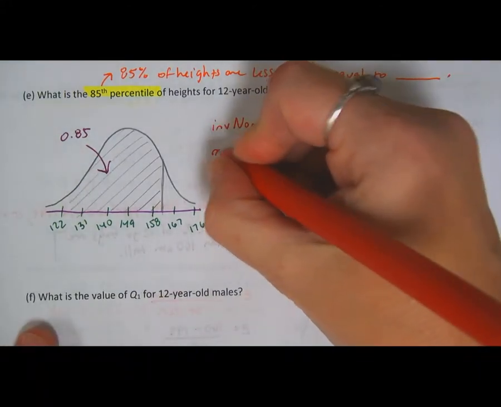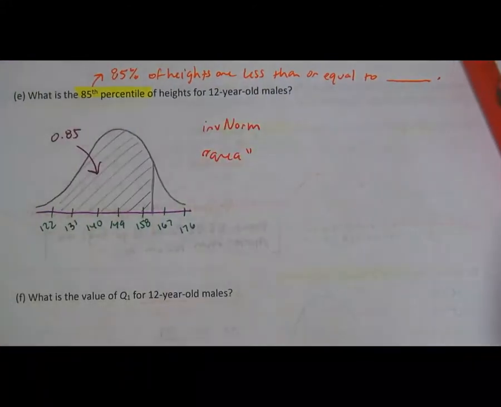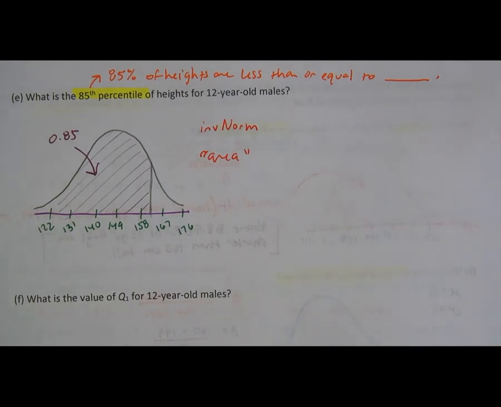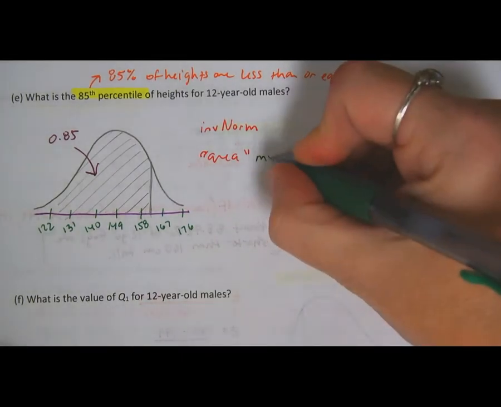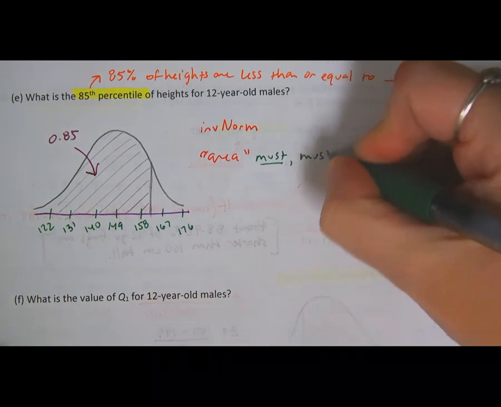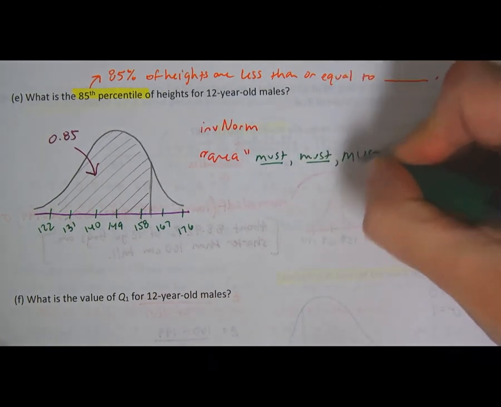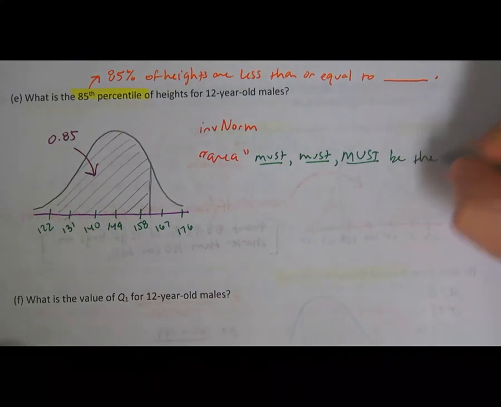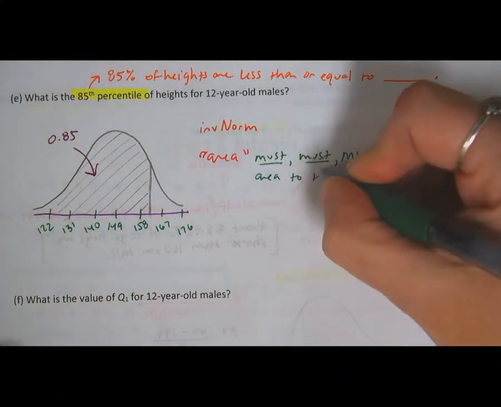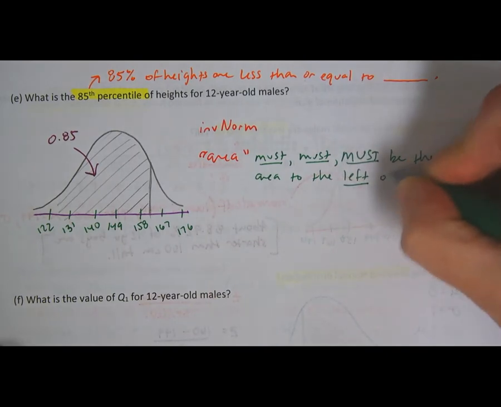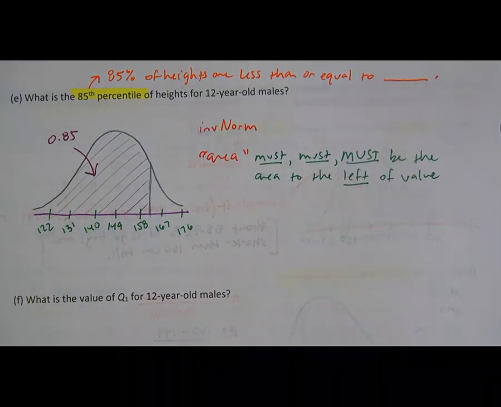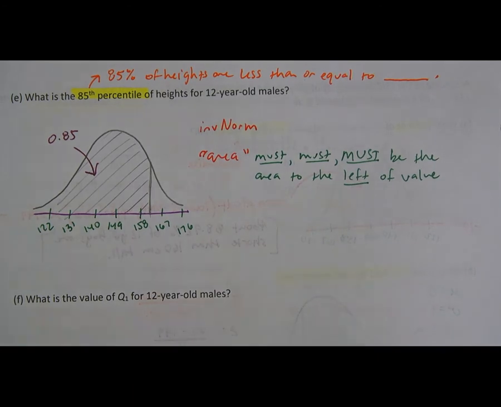Well, explicitly on the TI-84s that we use in class, area must be the area to the left of the value of interest. The newer calculators have an updated feature that might let you do the area to the right, but you have to enter in the area to the left on these yellow TI-84s or any calculator like them.